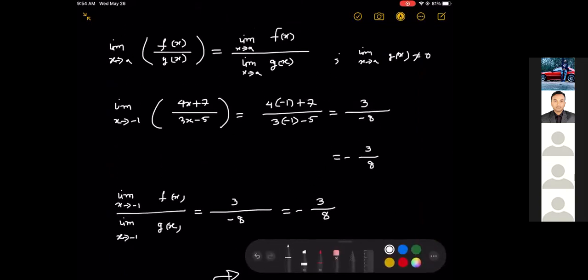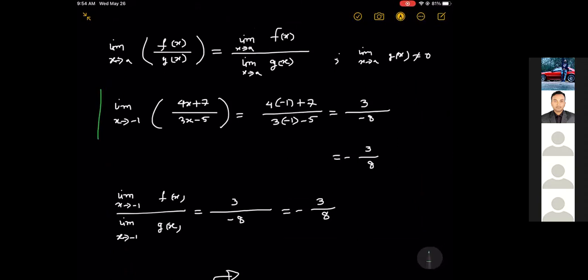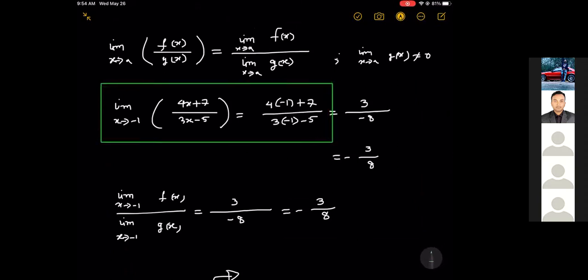This is exactly the example you will be looking for the rational functions. The denominator is non-zero, so I can plug in the value x is approaching in place of x, and it will give me my desired result. That's what the rational function theorem is saying.